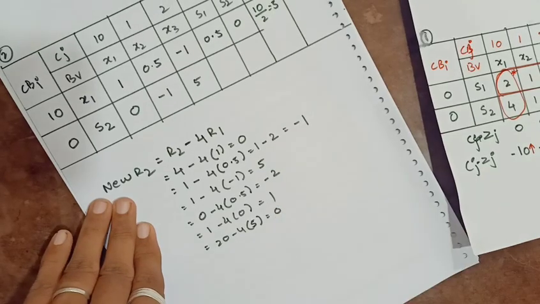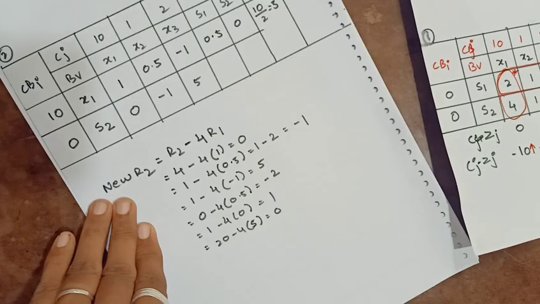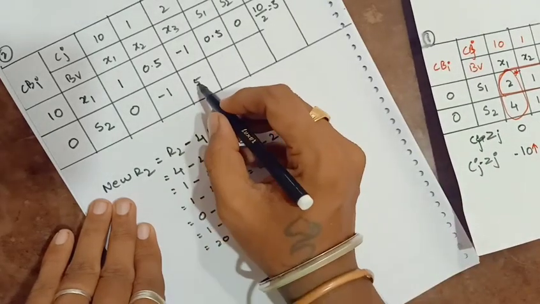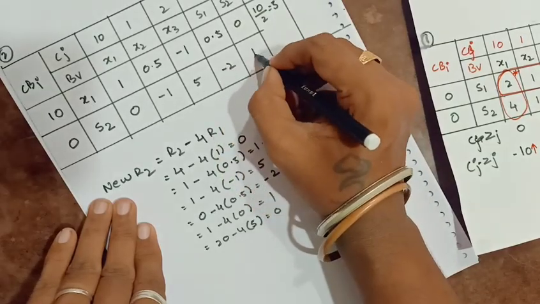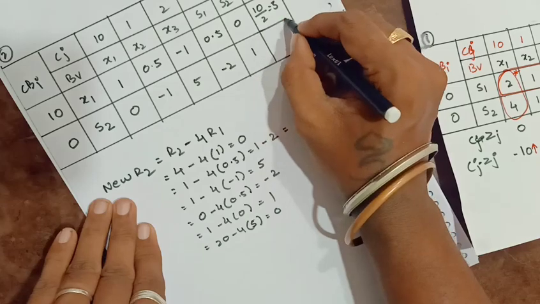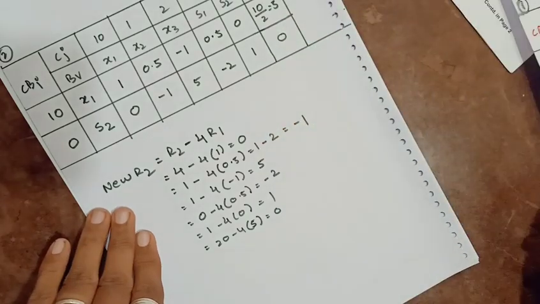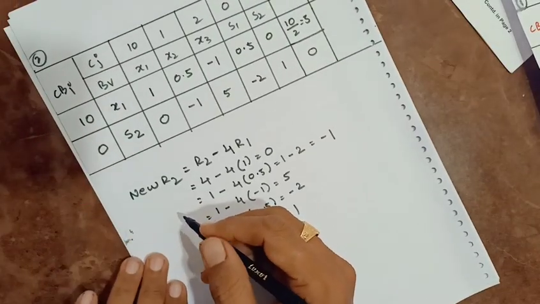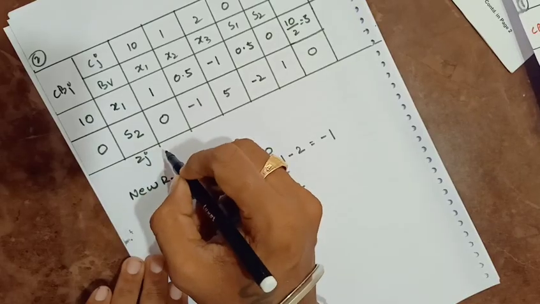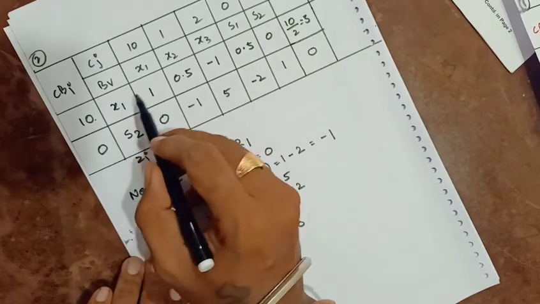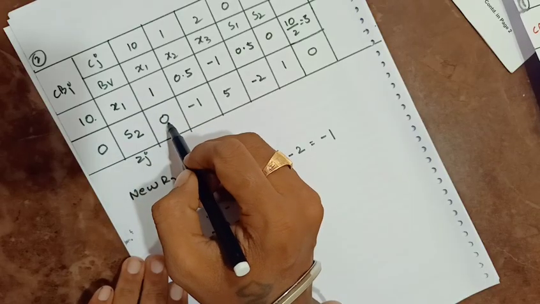So the row is 0, minus 1, 5, and minus 2, 1, and here I will be having 0. Again, for this we will be calculating Zj. So 10 into 1 is 10 plus 0 into 0 is 0.